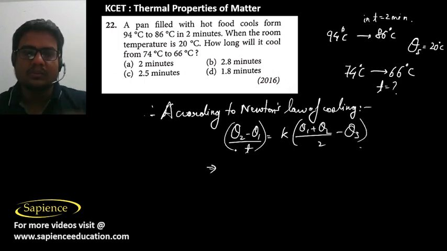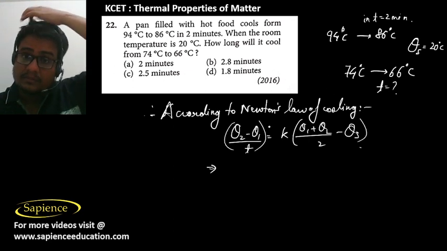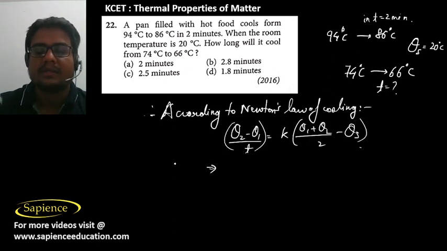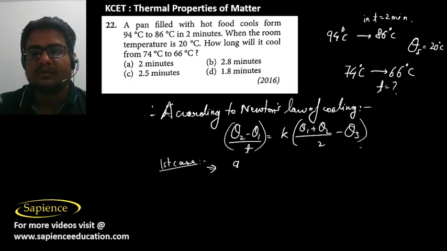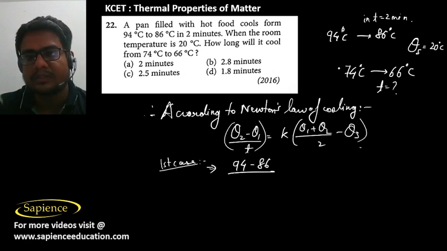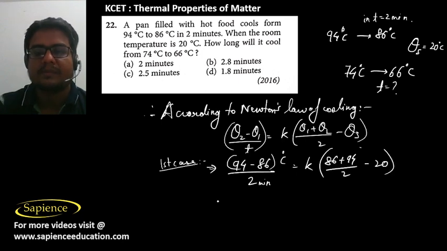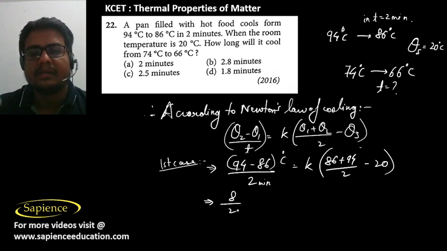In the first case, theta 2 is 94, so 94 minus 86, it will cool down from 94 to 86 in a time interval of 2 minutes, and this is in degrees Celsius obviously, and this is k into ((86 plus 94) divided by 2 minus 20). So this will be 8 by 2, that is 4 degrees Celsius per minute.